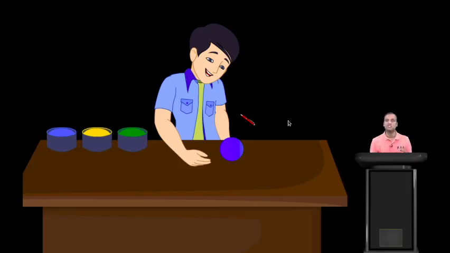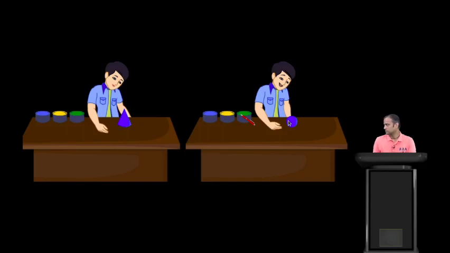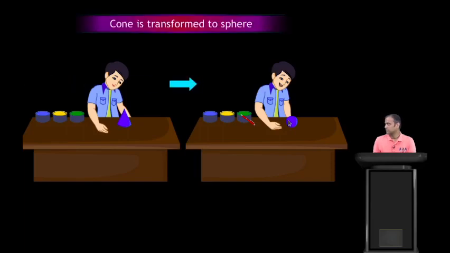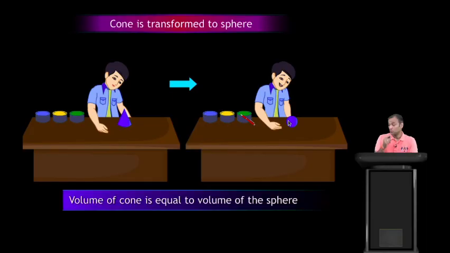So he did not change the volume or the quantity. So here we can say that the cone is transformed to a sphere. So what does it mean? It means the volume of the cone is equal to the volume of the sphere, isn't it? Because he didn't add or subtract any quantity from this cone. So the volume of the cone is equal to the volume of the sphere.